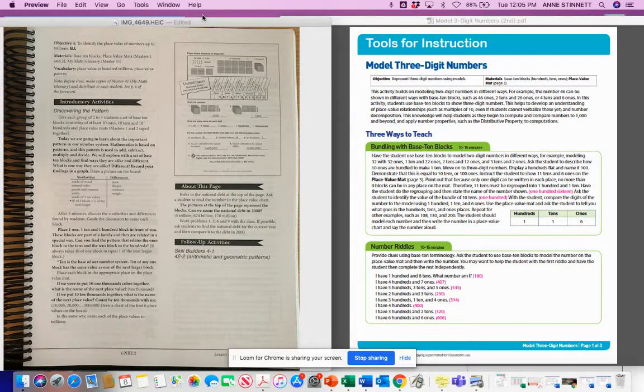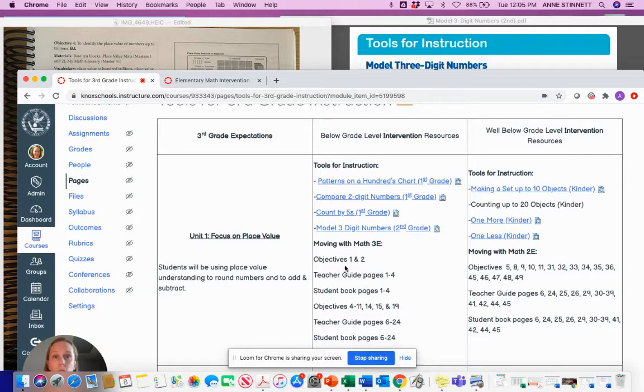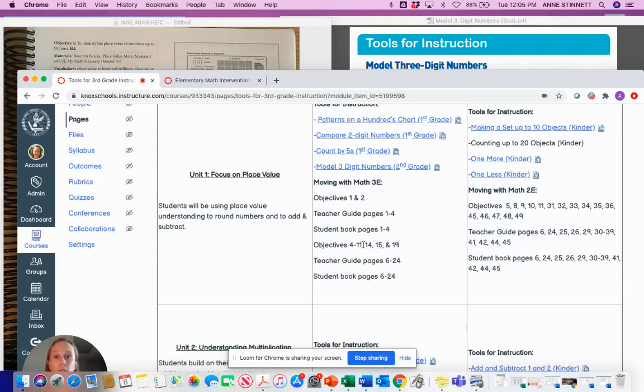So I'm going to start with Moving with Math. Every building has at least one teacher's guide for every grade level in Moving with Math. And you'll see here that the lessons are listed by objective. So here we're looking at objective 4, which in our Canvas course is right here, objectives 1 and 2, objectives 4 through 11.